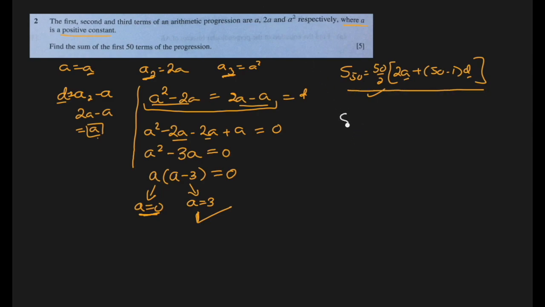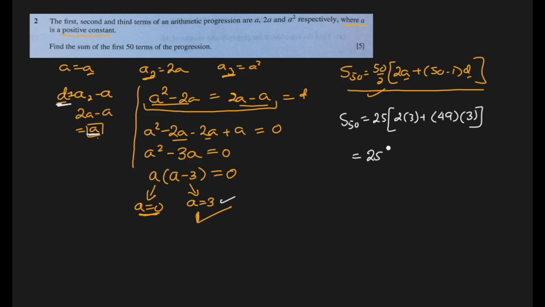So it will be S50 equal to 25 outside, then 2a is 3, 2 times 3 plus 49. 50 minus 1, 49. d is again a. We got, yeah, d is a. That means it is also 3. And everything is in numbers now, and now we can calculate it.